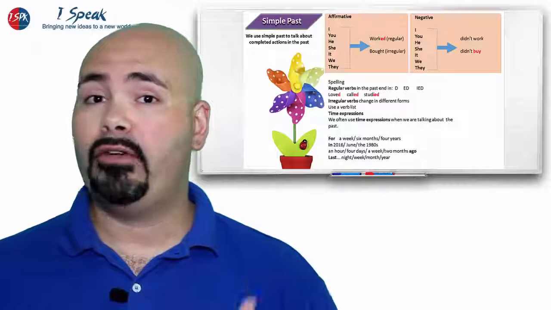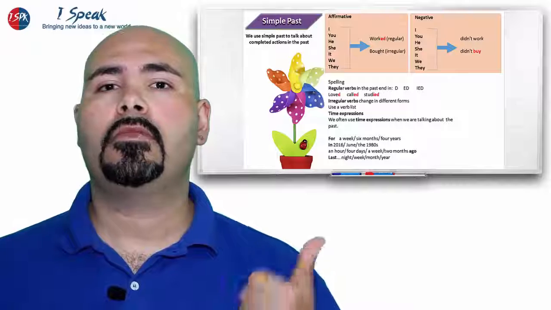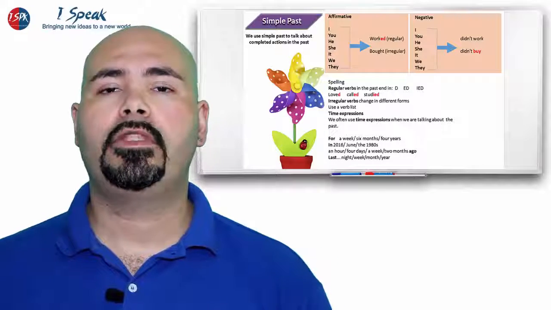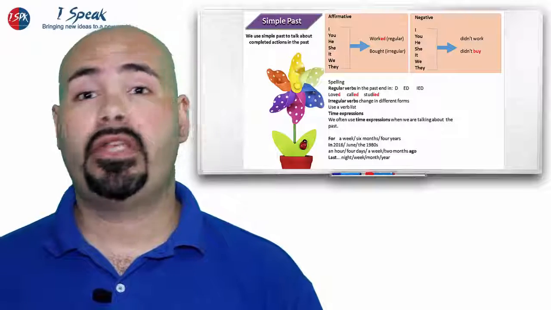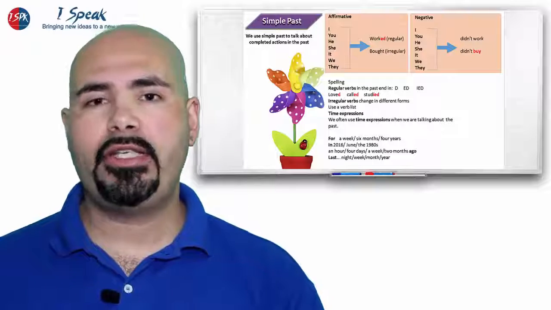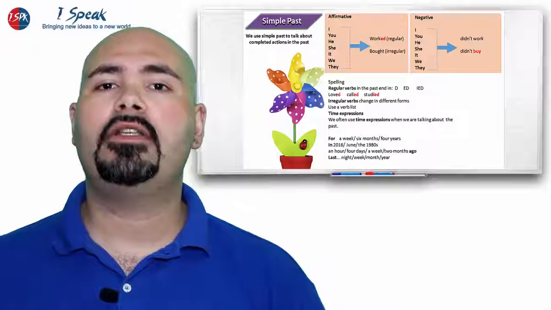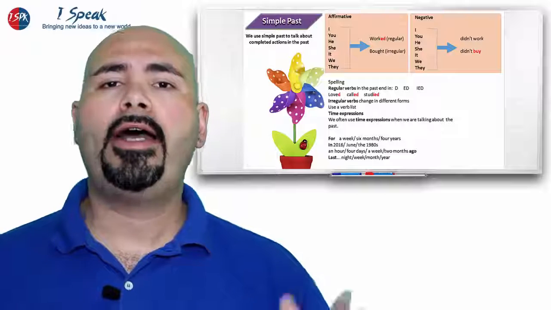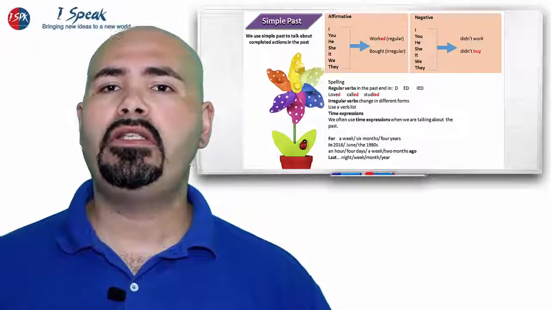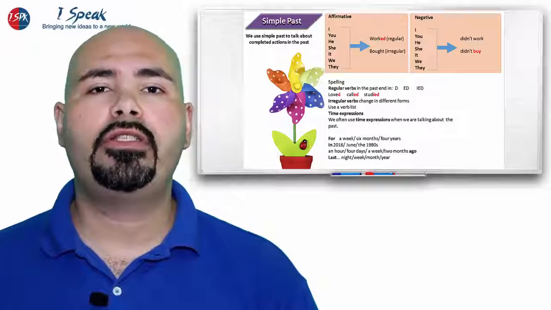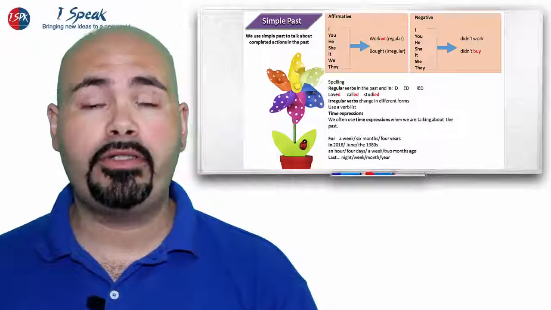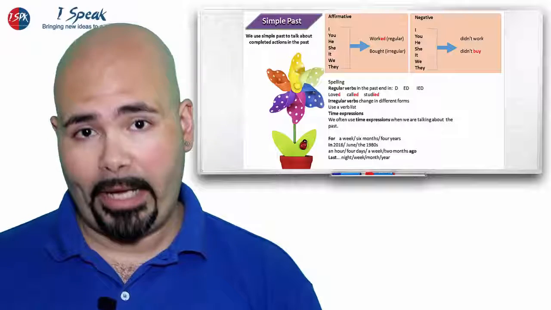For example, you have ago, last, so you can say last year, 10 minutes ago, or you can mention exactly when that thing happened. For example, oh, I got married in September. So you were mentioning the month. It's important to mention when that thing happened when we are using simple past.